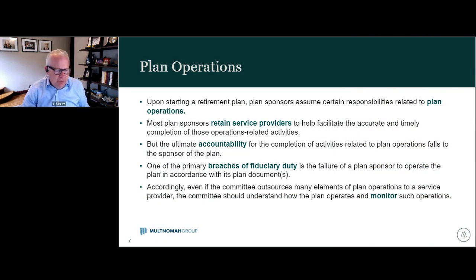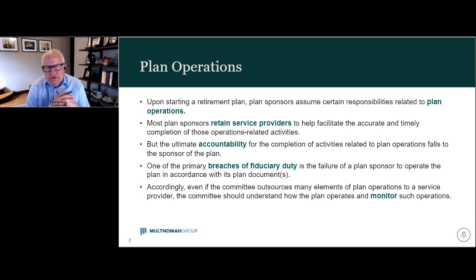So just to set the table before we get into the specifics of systems of organizational control, anytime you start a retirement plan, you have fiduciary obligations related to plan operations. Most plan sponsors, as I mentioned, retain service providers, record keepers, auditors, attorneys, consultants, investment providers to assist them in managing these operations. But the ultimate fiduciary accountability for any one of those outsourced providers still rests with the plan sponsor and the fiduciary committee that's managing that plan.